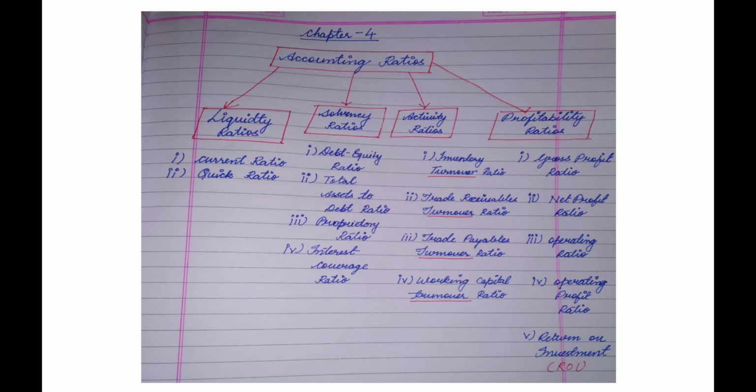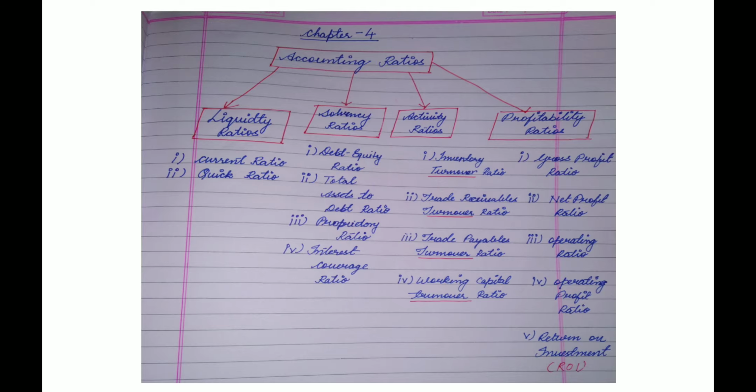Okay, at the time of maturity, whether a company is able to pay off its debt or not. So it includes debt equity ratio, total asset to debt ratio, proprietary ratio, and interest coverage ratio.